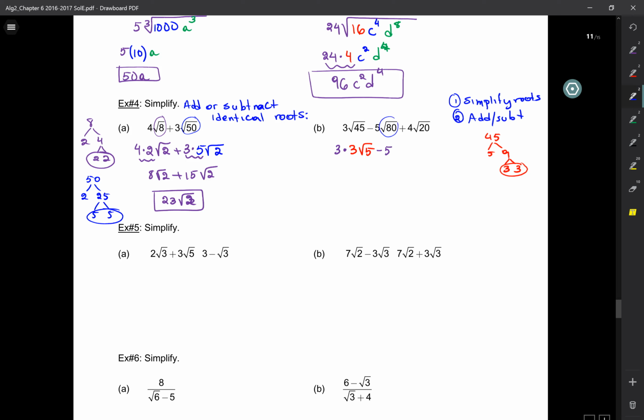Now I got to do the 80. It's 10 and 8, which is 2 and 5, which is 2 and 4, 2 and 2. So what comes out? A 2 comes out, another 2 comes out, so 4, and what stays in? 5.